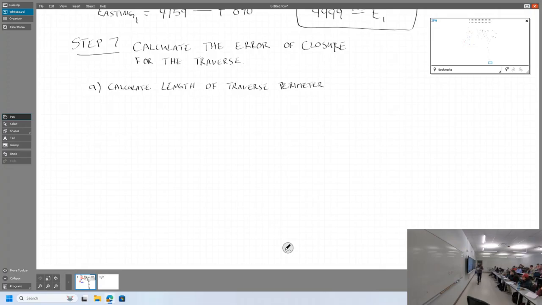So if we take those slope distances, take the sum of them. What do we get?